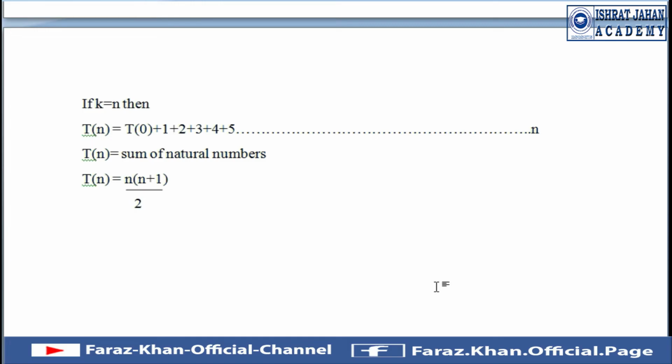So when we further solve it, T of n is equal to n square upon 2 plus n upon 2. So considering the same big O rule, we only care about the highest power and ignore the rest.